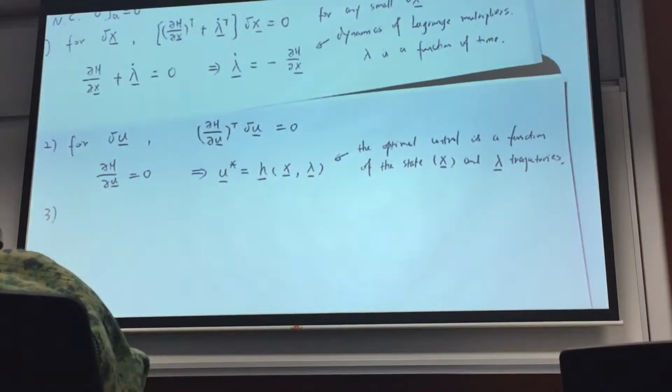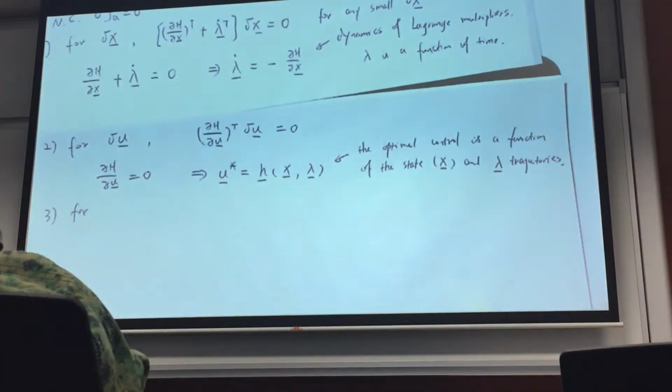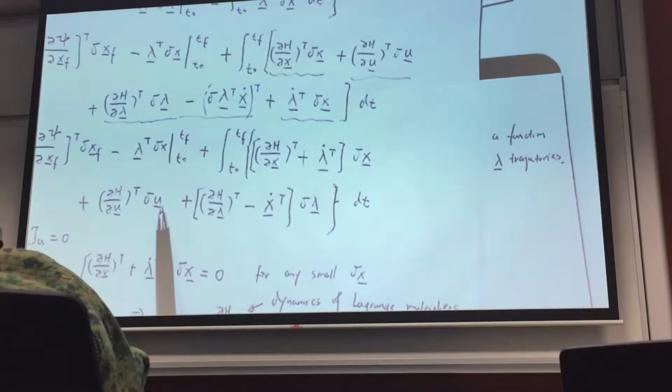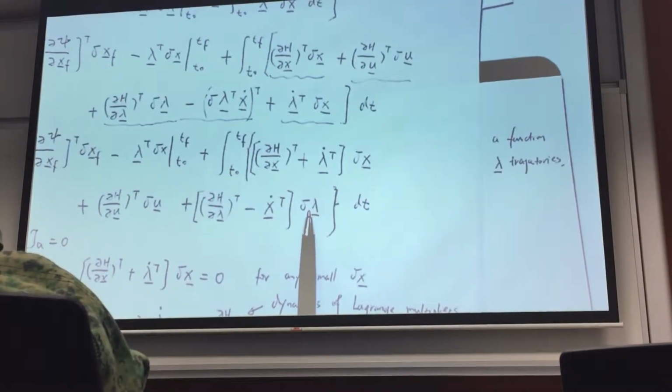So thirdly, in this equation we have dealt with the delta x and delta u. So the last one is the delta lambda.